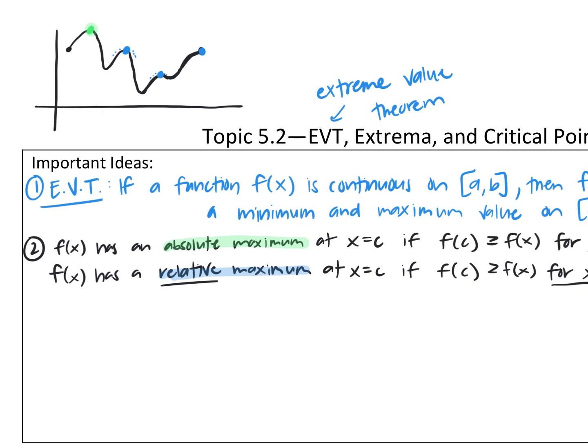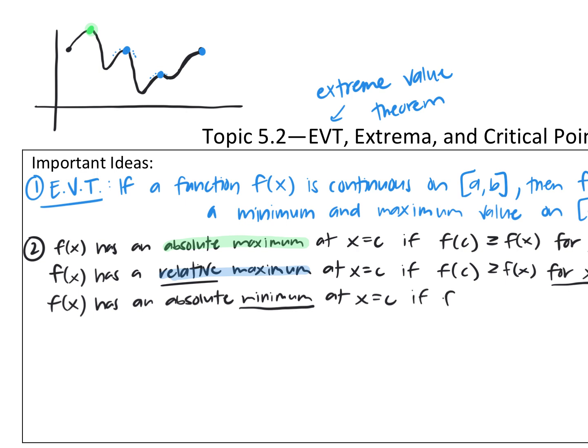Okay, we've talked about maximum, now we have to talk about minimums. So again, I'm going to write it, you can copy and paste it: f of x has an absolute minimum at x equals c. Oops, so minimum is the word you have to change there.